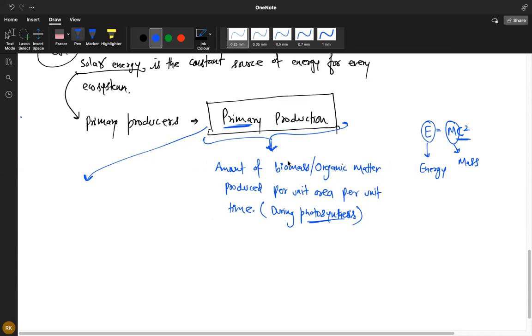But first, with this definition, it will be gram. Look at this: there is matter, there is area, and there is time.